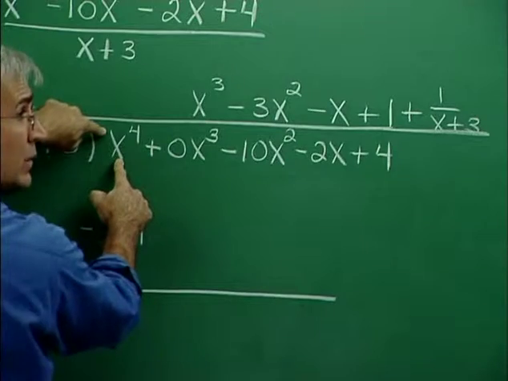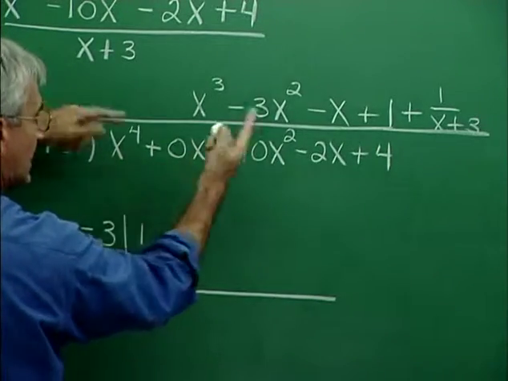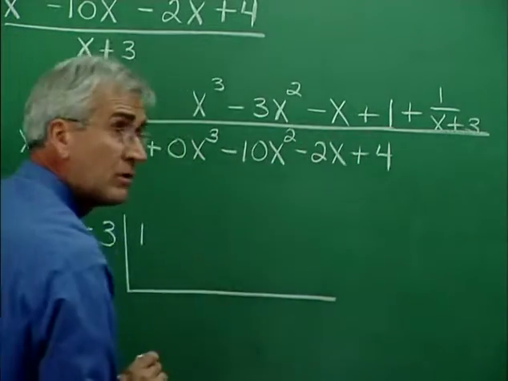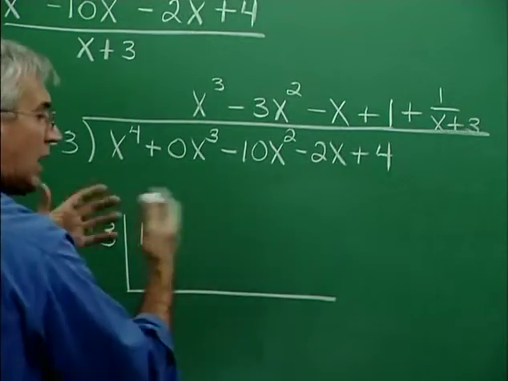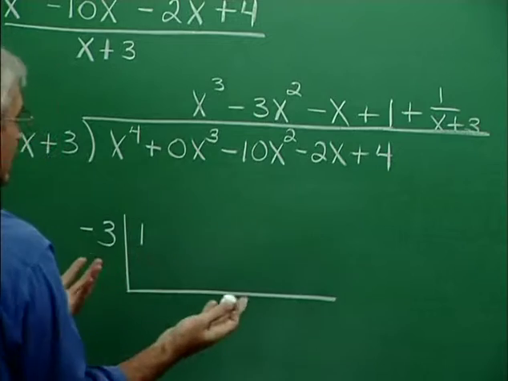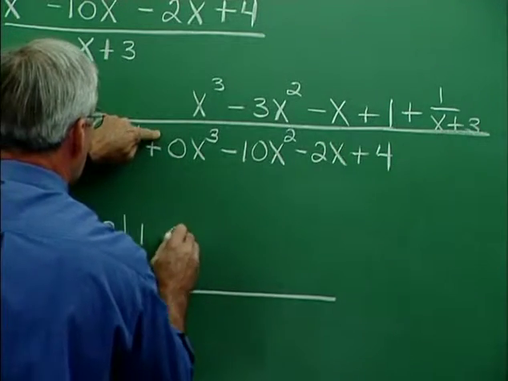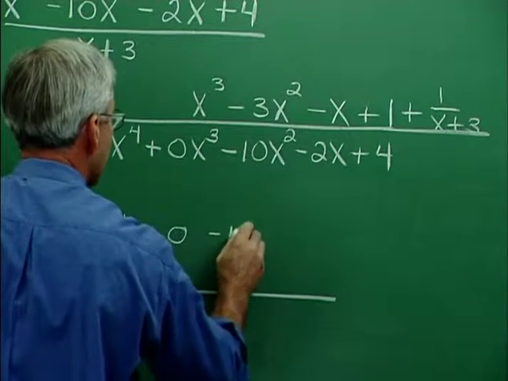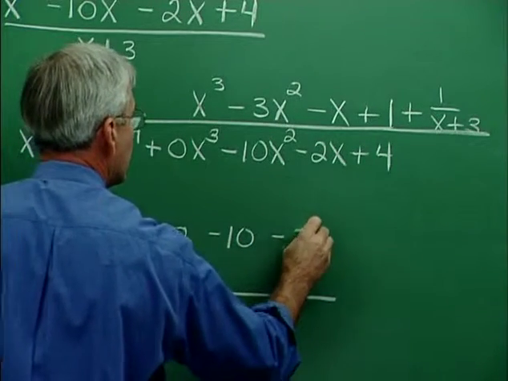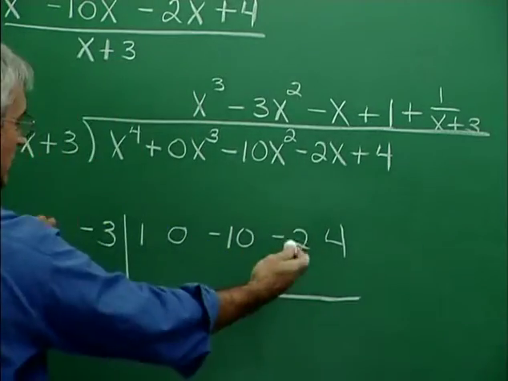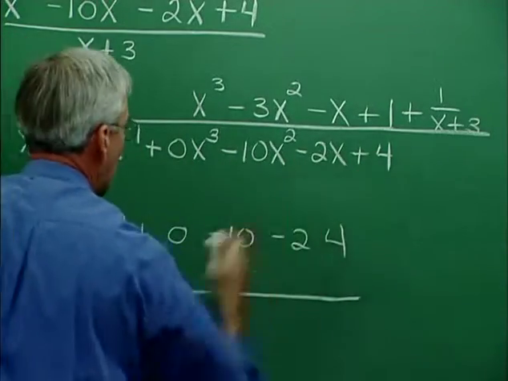We don't really use those variables and their exponents in this process except for lining up purposes, so they're not really active participants in the division process. Then 0, and then -10, and then -2, and then 4. So, the coefficients and constant involved in this polynomial.